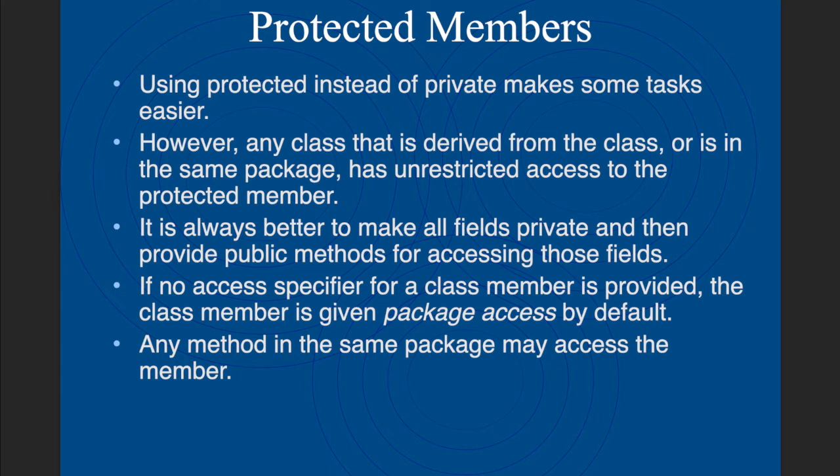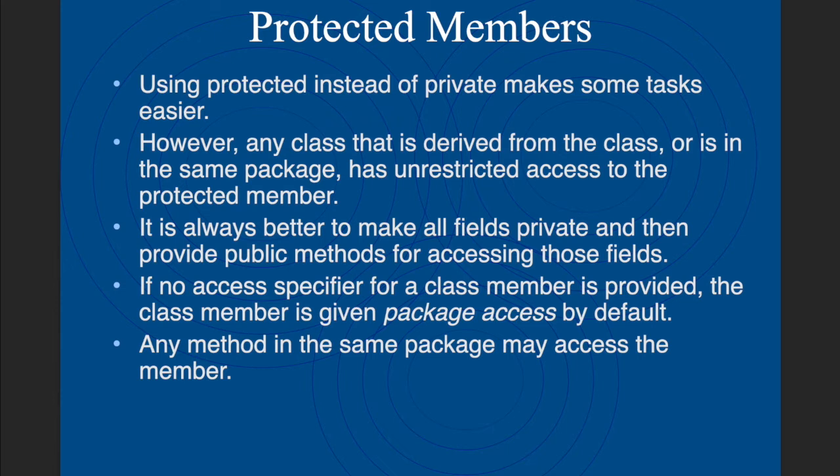So using protected instead of private makes some tasks easier. However, any class that is derived from the class or is in the same package has unrestricted access to the protected member. It is always better to make all fields private and then provide public methods for accessing those fields.